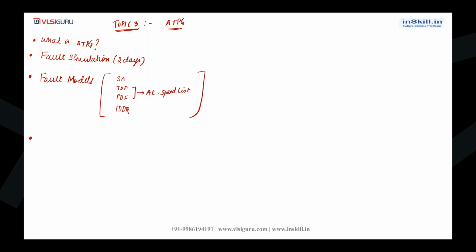And then we will cover the various fault categories. Under fault categories we will cover what is called fault dominance, what is called fault equivalence, and what is called fault collapse.